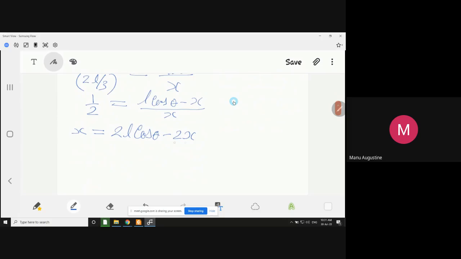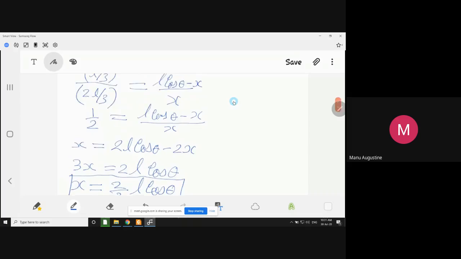I will take this 2X to the other side. This will be 3X is equal to 2L cos theta. Or in other words, I can say X is equal to 2 by 3 L cos theta. This is the required relationship that I needed between theta and x.